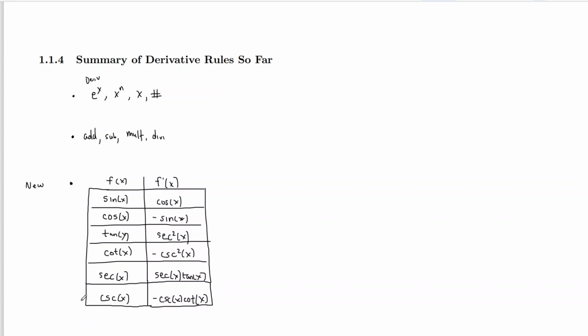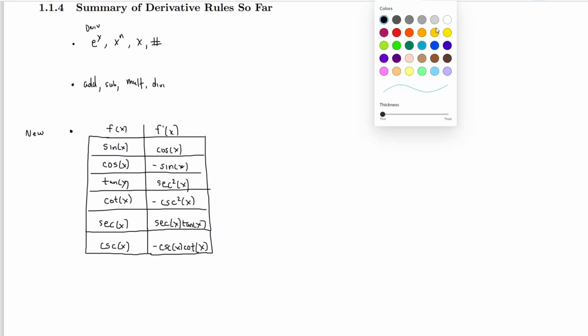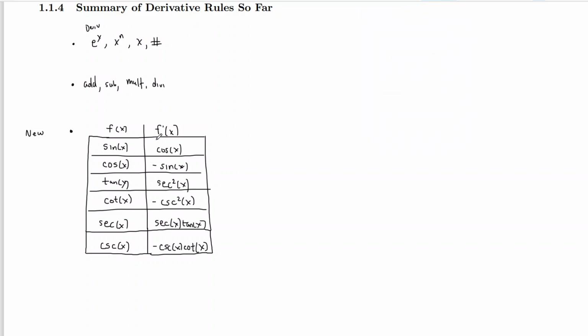The new stuff, kind of adding to our arsenal, is the derivative of the 6 trig functions. And I wanted to make a little table here, not just so you could have a table, but also to point out something. Notice that 3 of the derivatives, this is its function, this is its corresponding derivative on the right, 3 of the derivatives have negative signs, and then the other 3 do not.